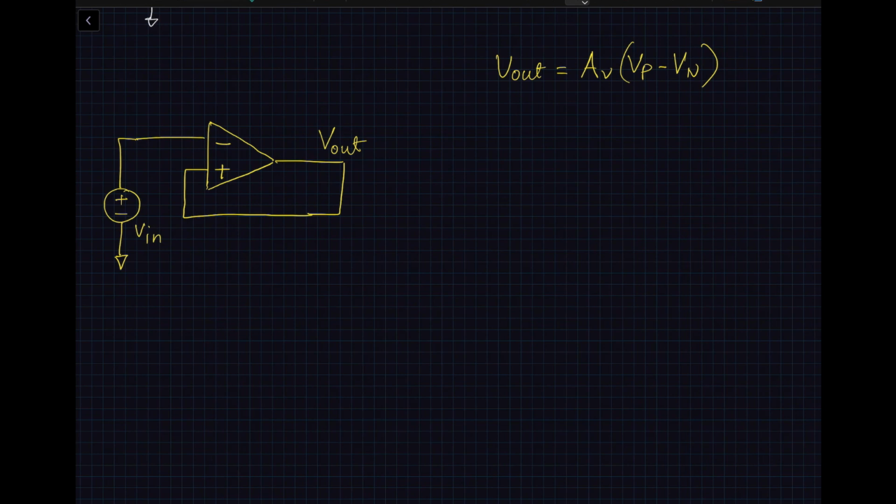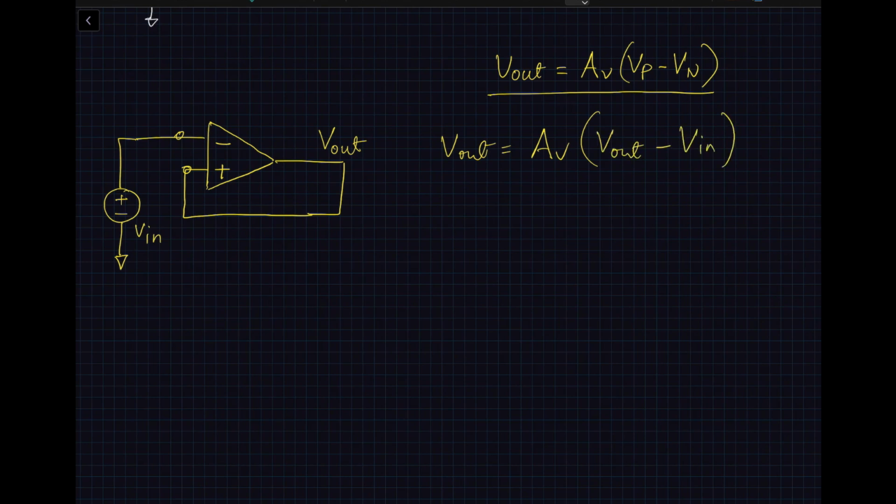As I said, we will start from this expression, and then I will just substitute the terms for these two terminals. What we get is Vout is equal to AV times, what is Vp? The positive voltage is also Vout, minus Vn. What is Vn?